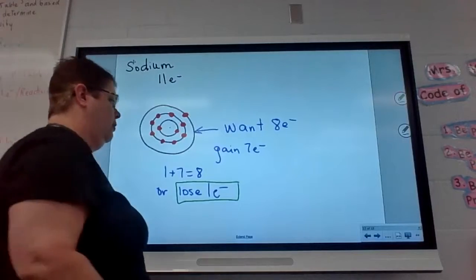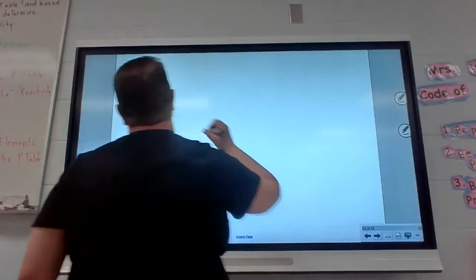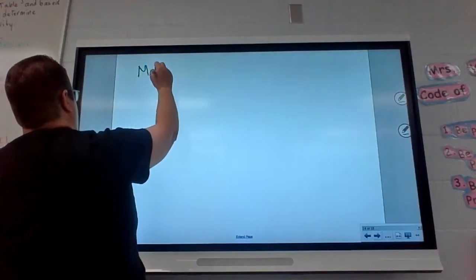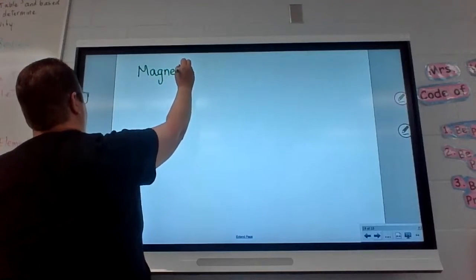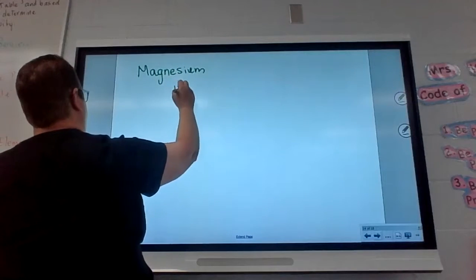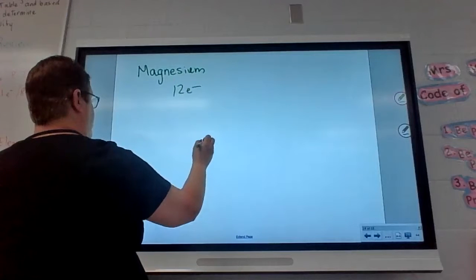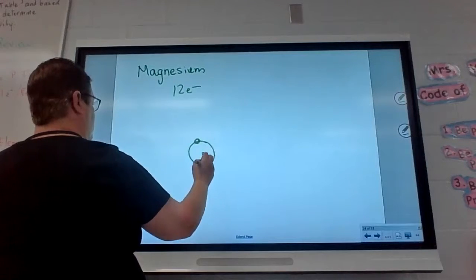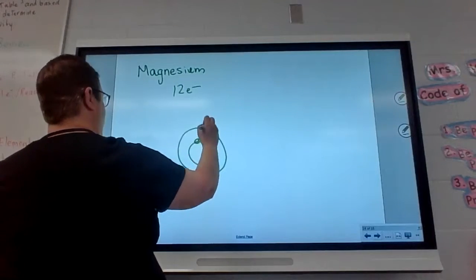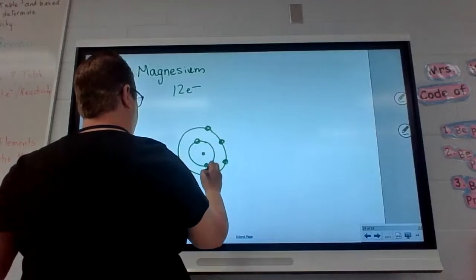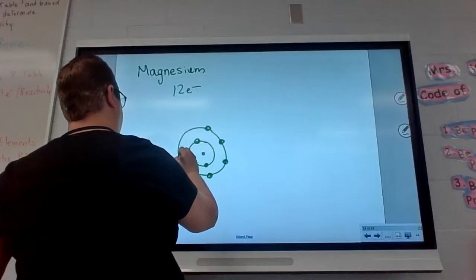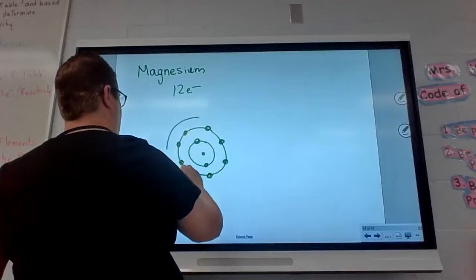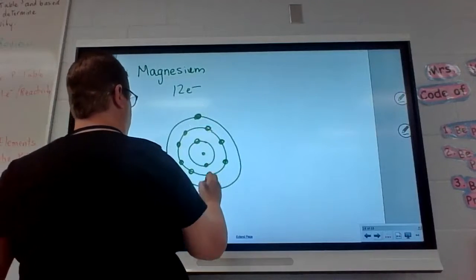All right, now, then I drew magnesium for you. And magnesium had how many? Had 12 electrons. So we had 2 on the first ring, 8 on the second ring, and then 2 on this outside ring.